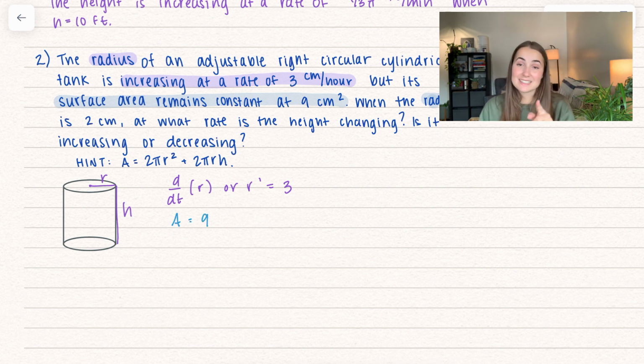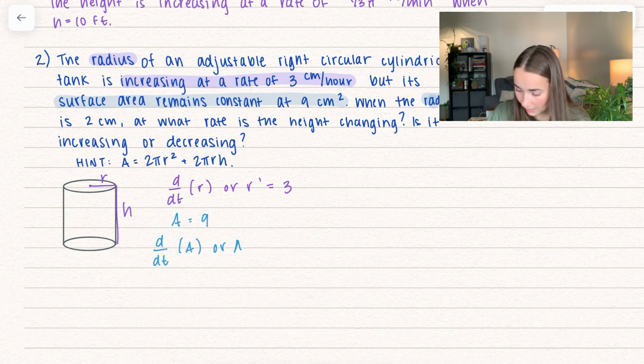This also tells us something about the derivative. That means that the derivative d/dt of A, or A prime, when it remains constant, the rate is unchanging, aka it's 0. It's not increasing, it's not decreasing, it's just remaining exactly the same, so the rate of change is 0. That's actually going to be very useful in the next steps.